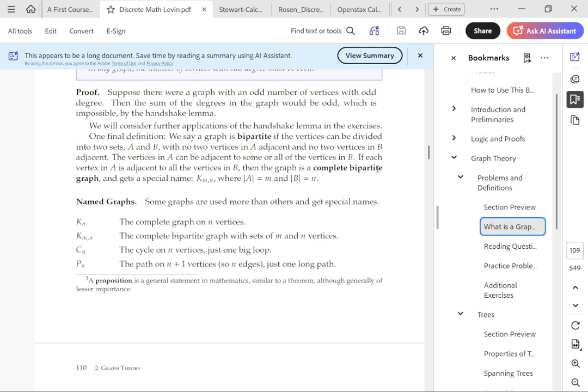Then C_n, the cycle on n vertices, just one big loop across n vertices, and the path on n plus 1 vertices. When they say path, they mean a simple path, so you don't repeat any vertex. Okay.